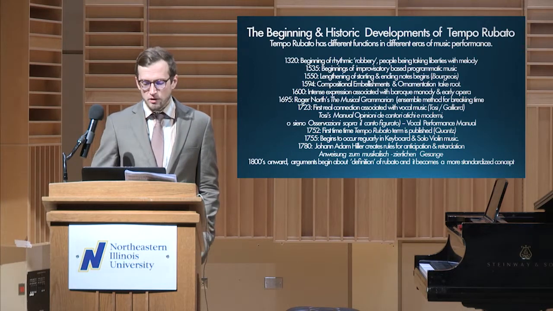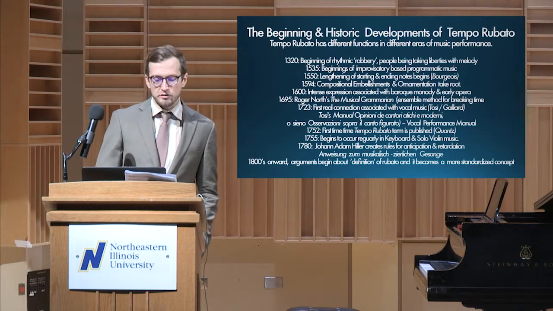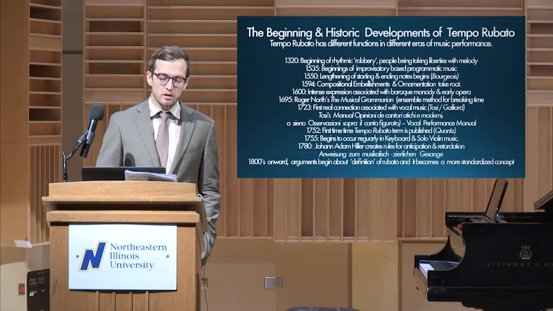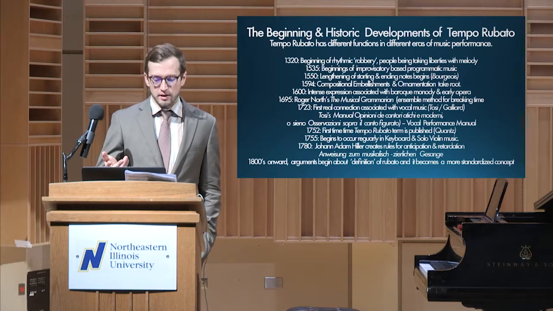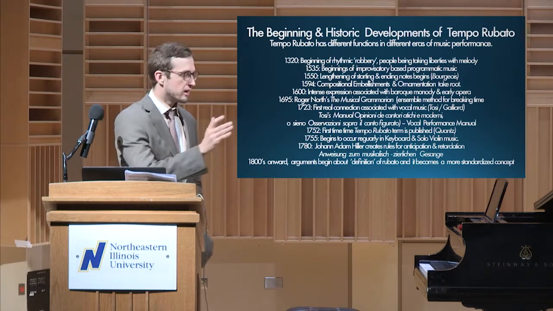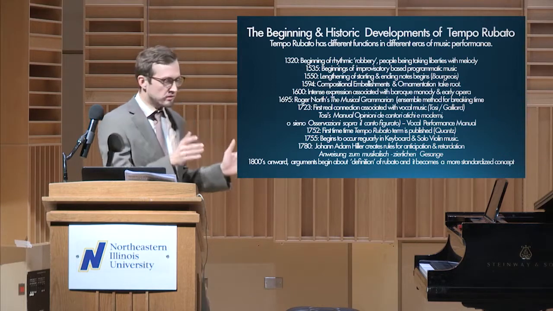In 1535 were more or less the beginnings of improvisatory-based programmatic music, making sure that the featured works had accompanying variations and accompanying pieces that were drastically different in terms of tempo and style to start it out and end it.